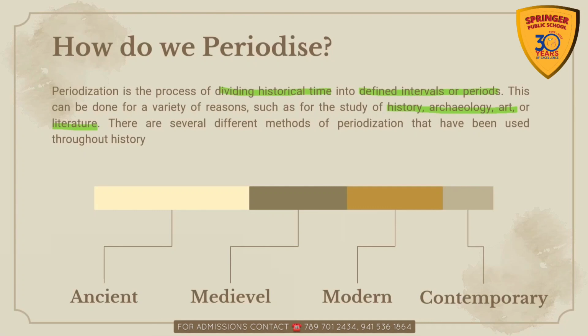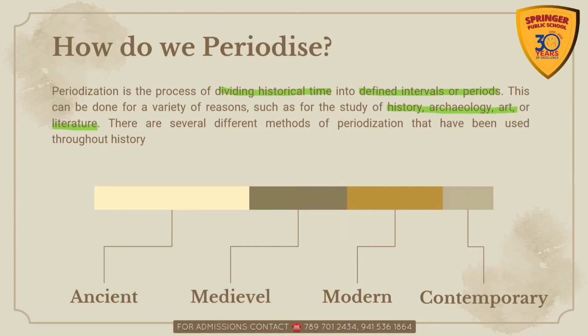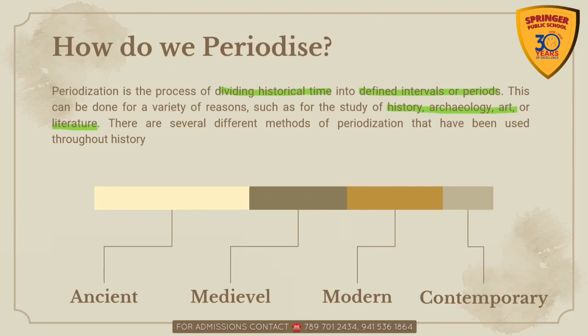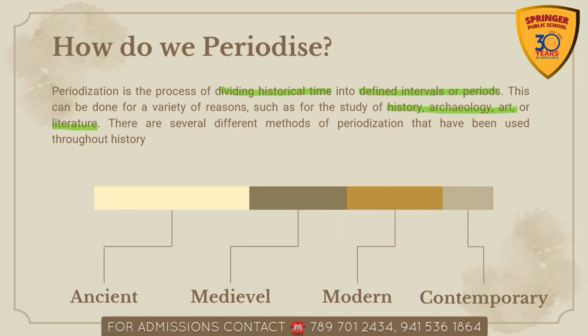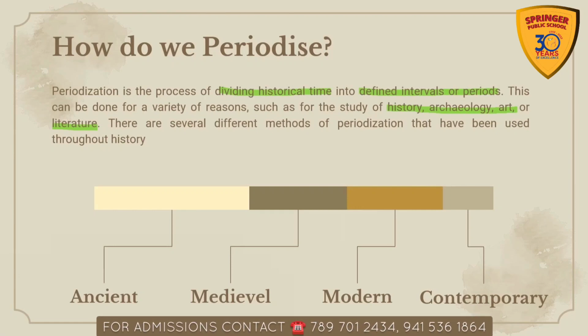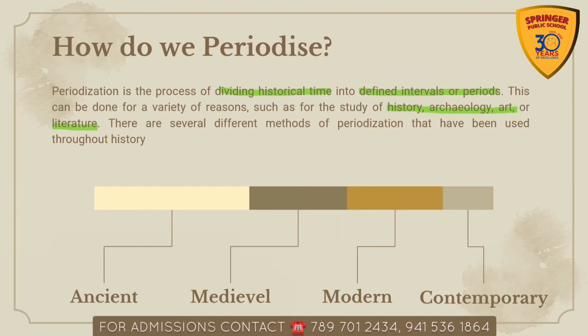Another method is to use a chronological method, which divides history into specific time periods, such as ancient history, the Middle Ages, and modern history. These chronological divisions are often based on major historical events or changes in society, such as the fall of the Roman Empire or the French Revolution.